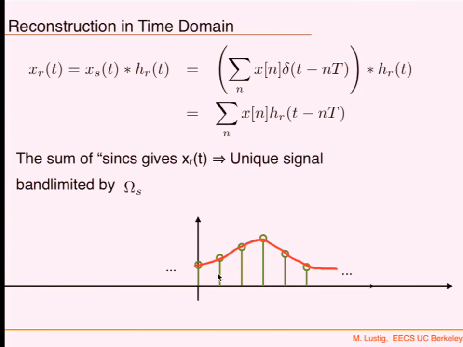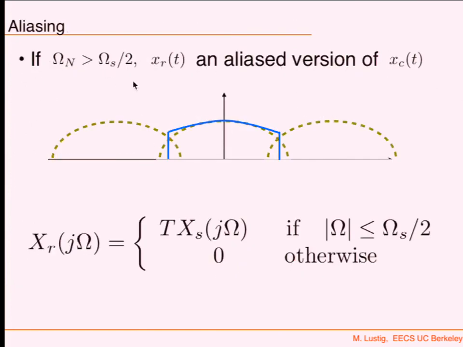In the case of the aliased version, we're going to be reconstructing one period of this aliased version. So if the spectrum of our sampled signal has aliasing in it, after performing the low-pass operation, I'm going to be left with just one replica of this aliased version.